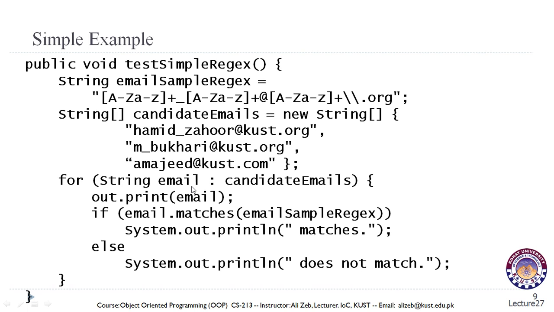And what we do is we go through the array. We have an array of email IDs. We go through the array one by one and we check if any of the email IDs match the pattern that we have defined. If it does, we print it matches, and if it does not, we print that it does not match.